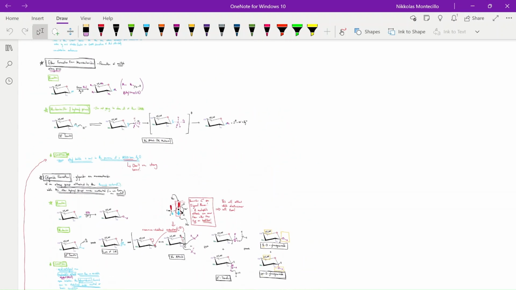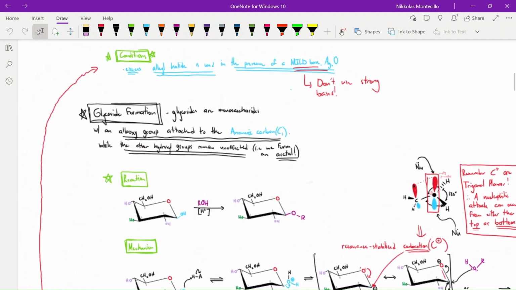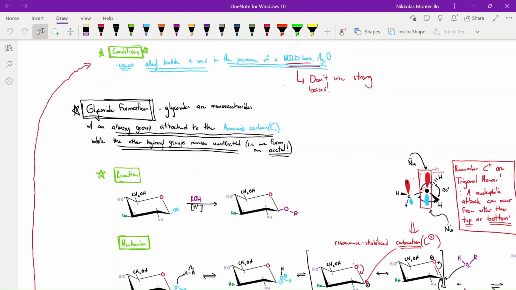If we review the mechanism, if we review the reaction here, remember that glycoside formation just refers to the formation of an alkoxy group that's attached specifically only to the anomeric carbon, which in most cases is usually C1, while the other hydroxyl groups remain unaffected.